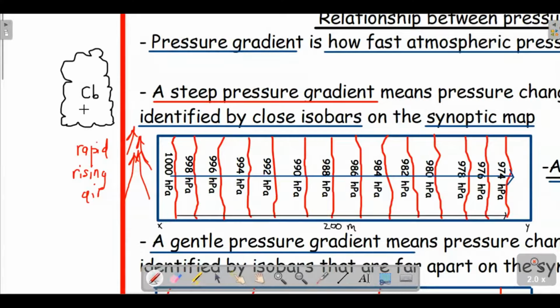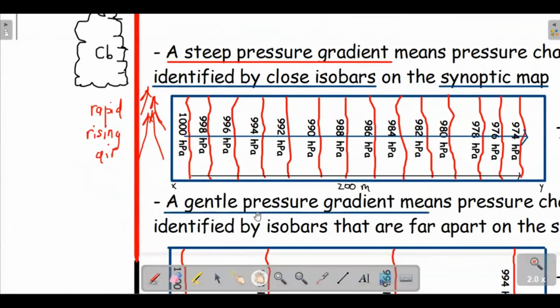So wherever you have a steep pressure gradient and warm moist air, the air will rise up very fast and build these huge, tall cumulonimbus clouds. There's a lot of air rising up, and so there's a lot of air condensing, and a lot of water particles that stack upon each other. Remember, clouds are made up of water particles.